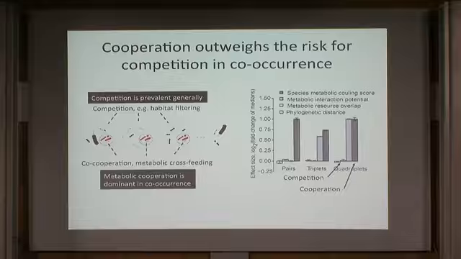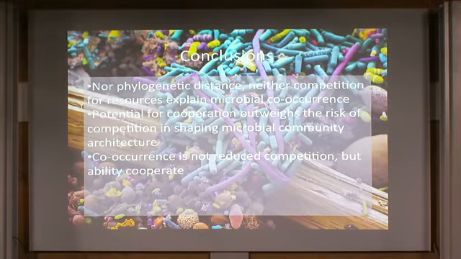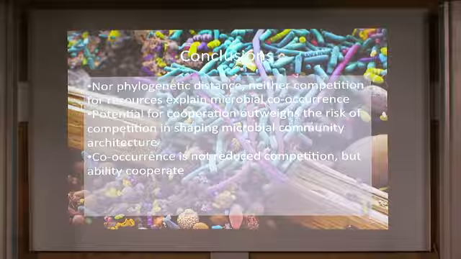Somehow it is important, and if you quantify the effects of competition and cooperation, cooperation is much higher in those co-occurring subcommunities. So the idea is that cooperation promotes coexistence among these habitats.